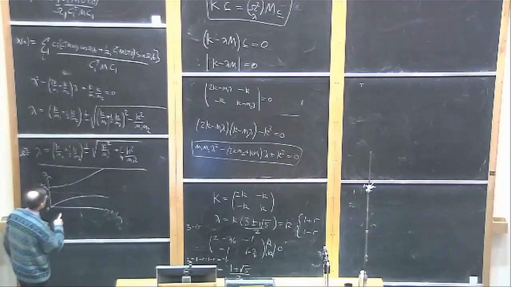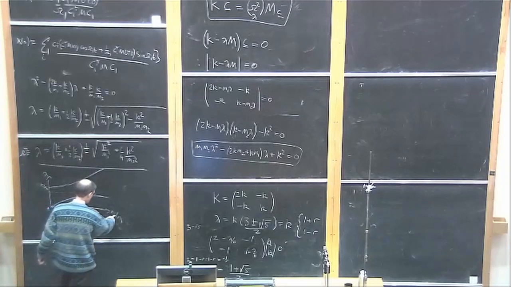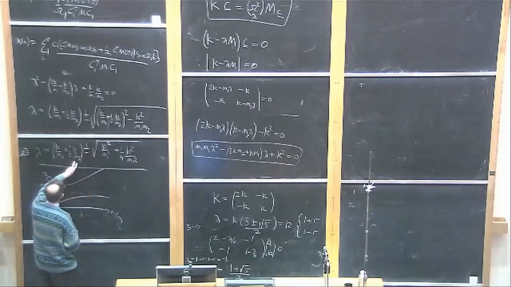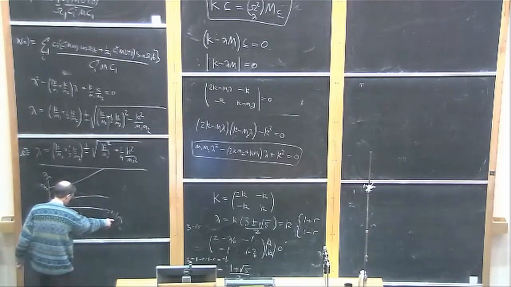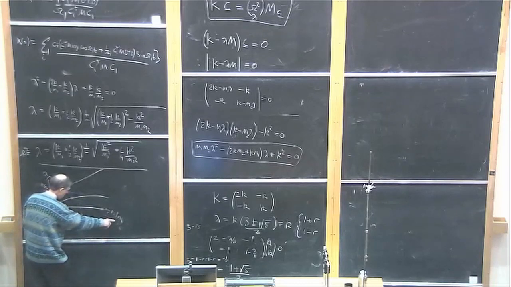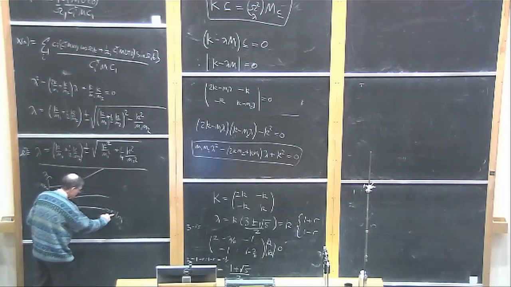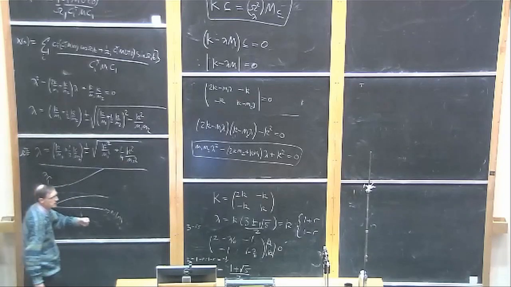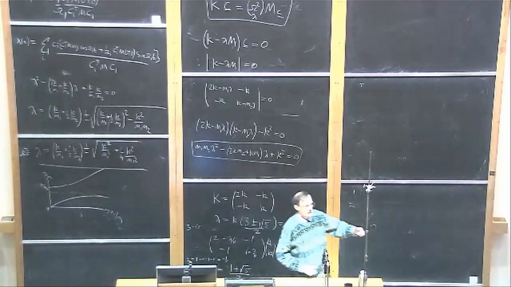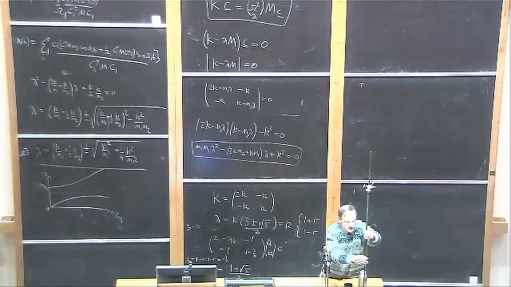And in the limit of small m, when this ratio is very small, m2 is very small compared with m1. We have basically a large mass in the middle and a tiny little mass here. And so this mass here isn't really doing anything.